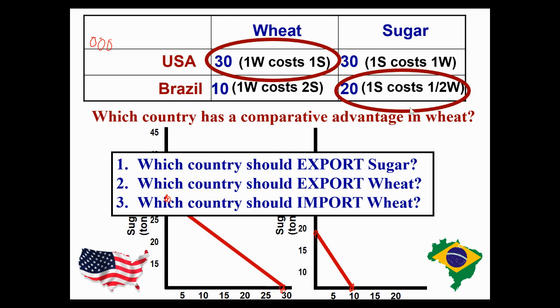So, Brazil is going to export sugar and America is going to import sugar. Then it asks which country should export wheat? Well, America is better at making wheat, so they're going to produce it and export it. Therefore, Brazil is going to import it.